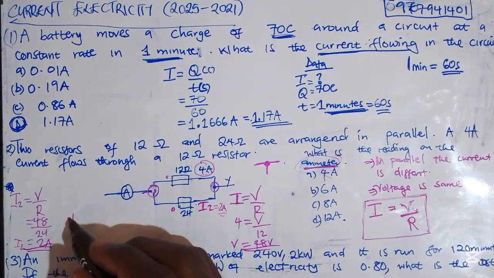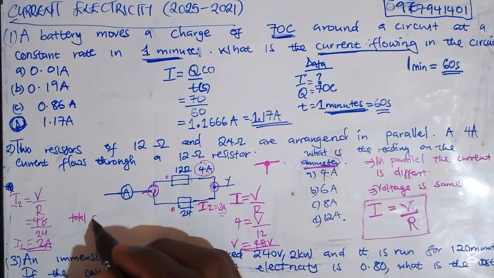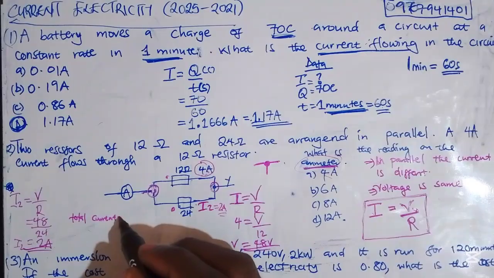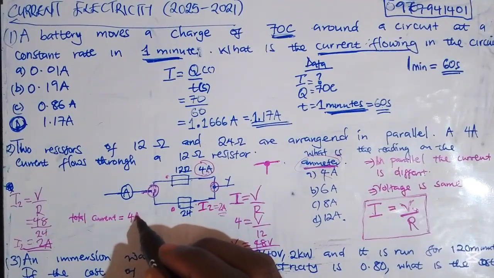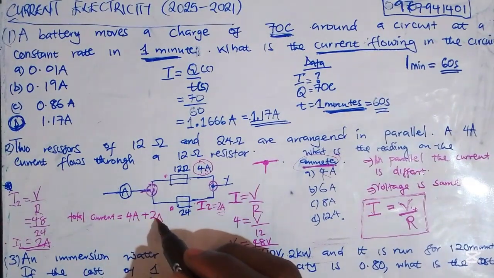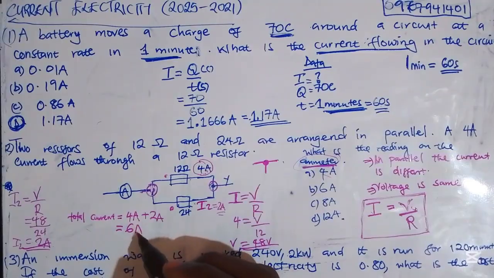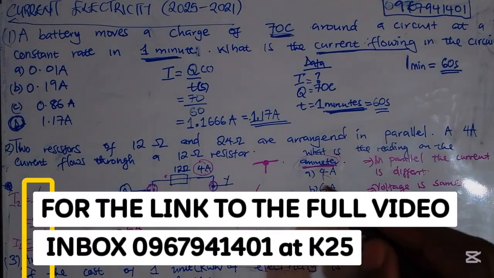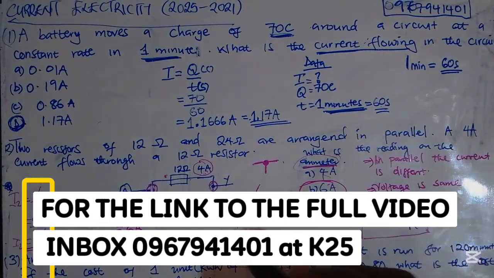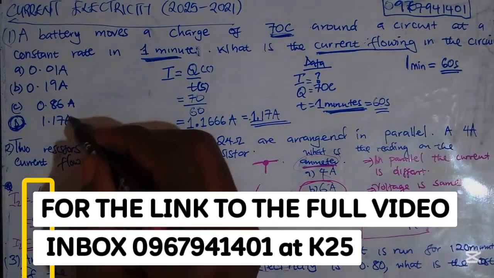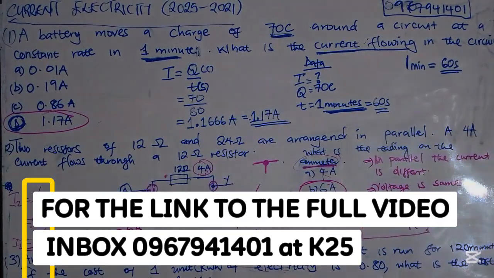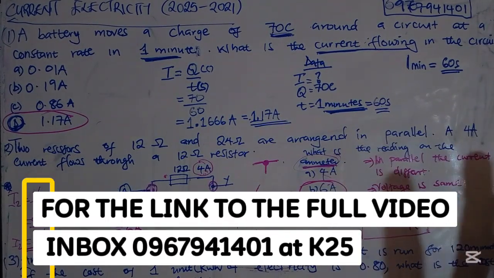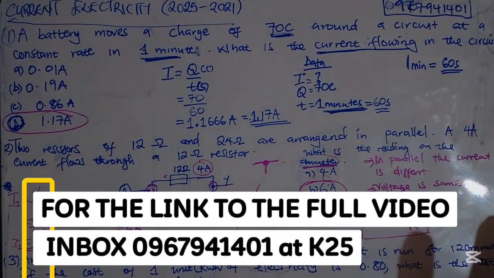So here you say the total current is equal to 4 amps plus 2 amps, which gives us 6 amps as our total current, which gives our answer to be B. So this is how you can reason in your MCQs, or your multiple choice questions.